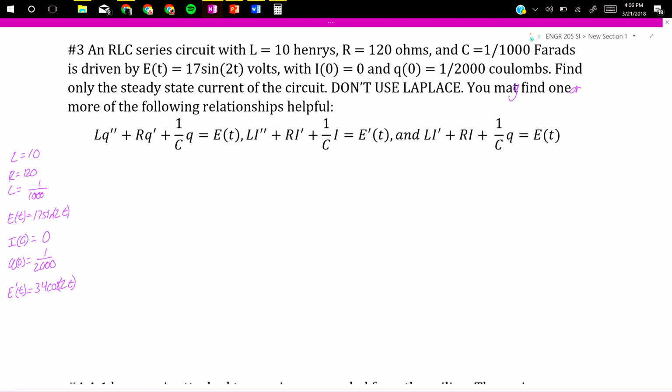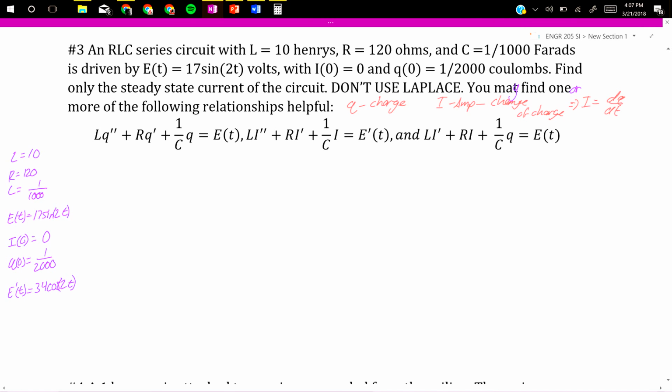And just to help you understand a little bit better the amps and current and coulombs and stuff, Q represents charge, while I is amps, which represents the change in charge. Which then means I equals dq/dt. So it means a change of charge over time, while Q is just charge.